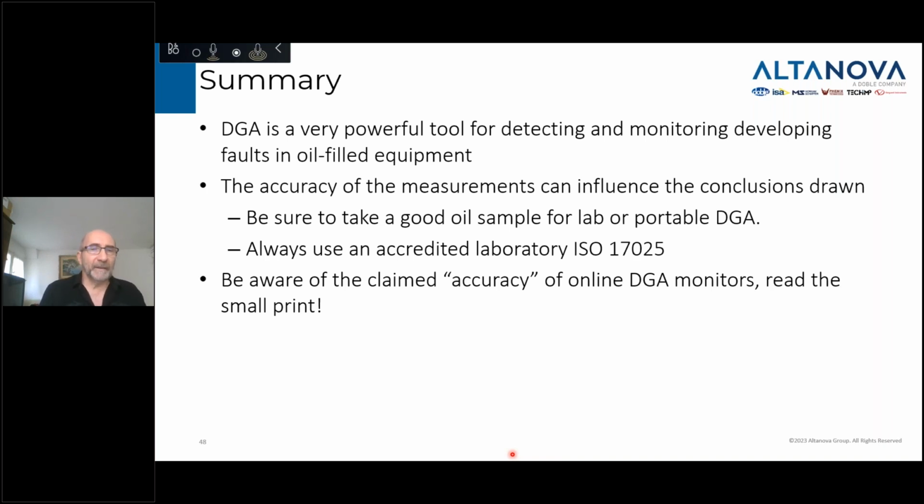And be careful also when people claim they have accuracy, especially on DGA monitors. You have to read the small print. You really have to try to normalize the LDL and the accuracy information that are written. Again, as I said, unfortunately, in our industry, there's no specific standard that obliges manufacturers to all write the spec the same way.